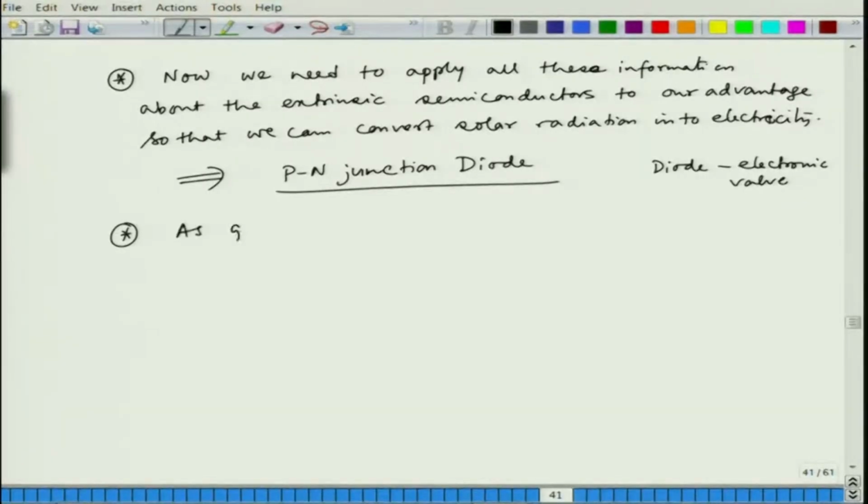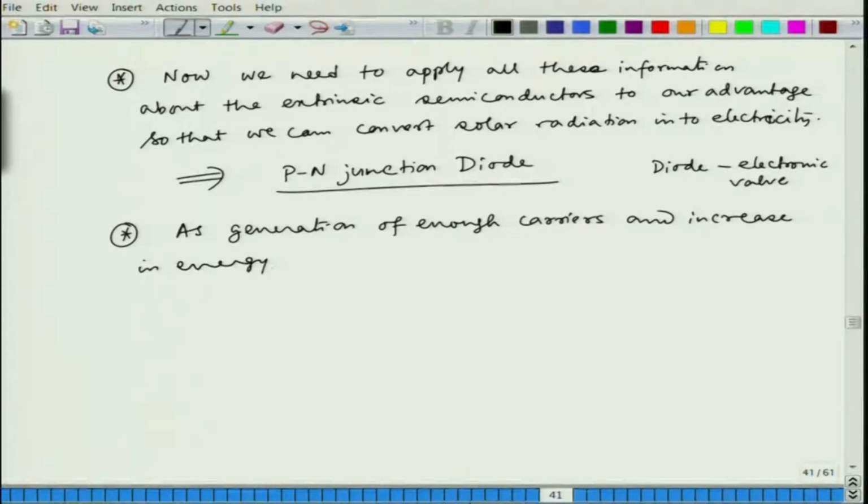So, generation of enough carriers and increase in energy of those carriers so that they can move, that is not enough. Okay. What you need to have?